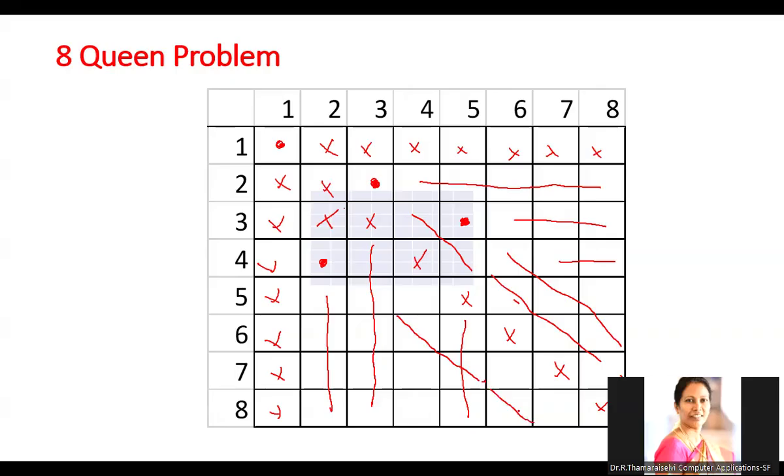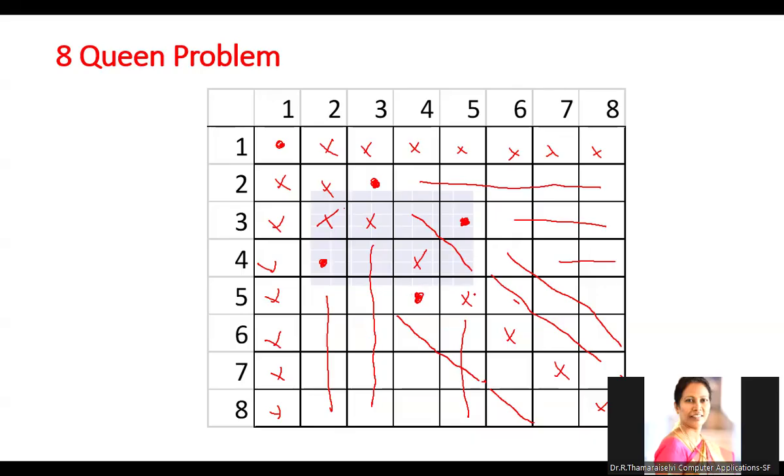So here blocked. The fifth queen, how do we get? For the fifth, it is possible here, but already you have this diagonal. Fifth, here you can have it. Here you can have it, yes. But diagonally, it is blocked.